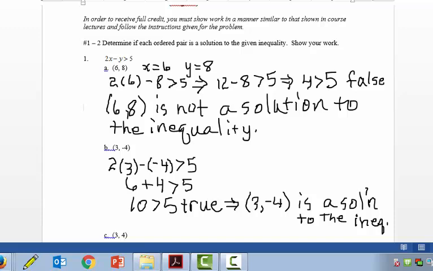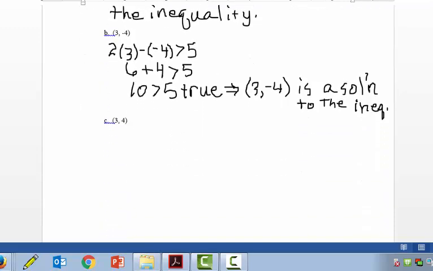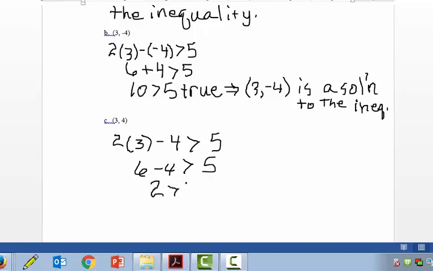All right, and let's try this third point, (3, 4). So 2 times 3 minus 4 greater than 5 becomes 6 minus 4 greater than 5, which gives me the statement that 2 is greater than 5, which we know is false.